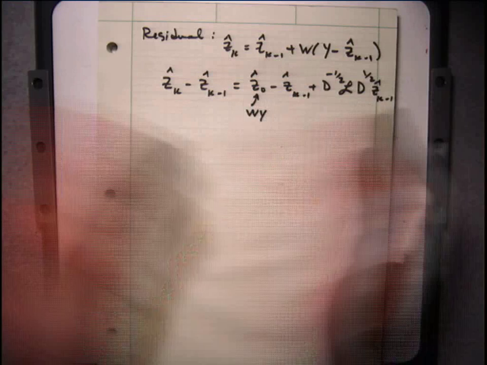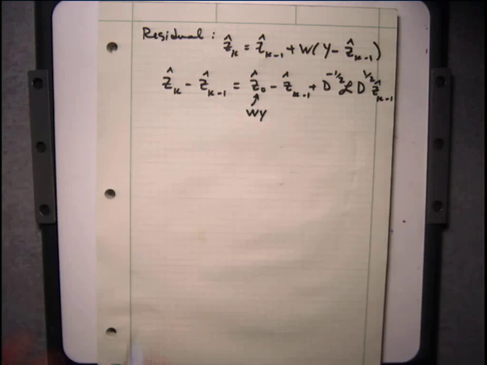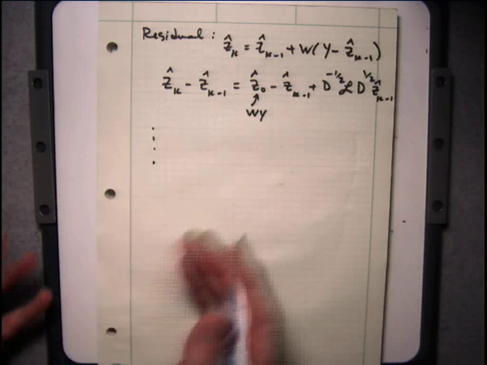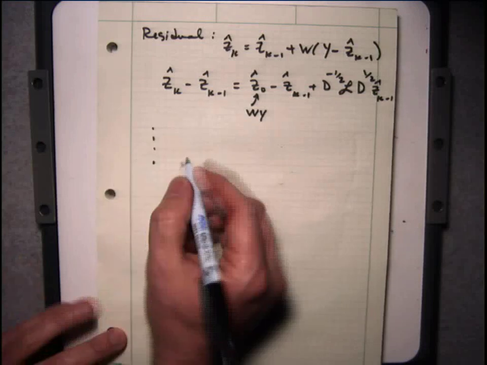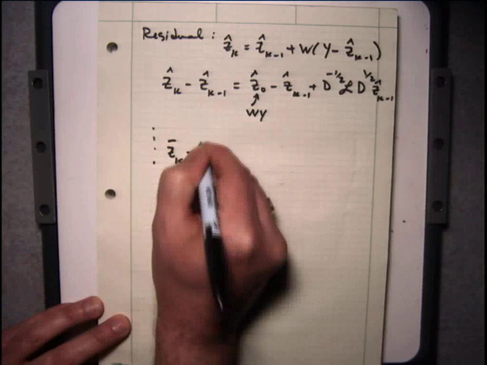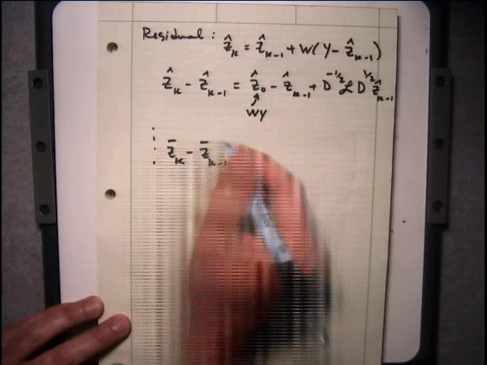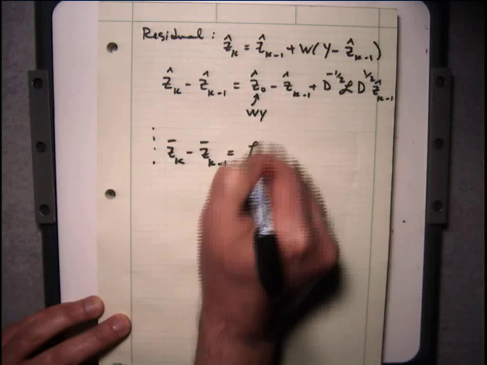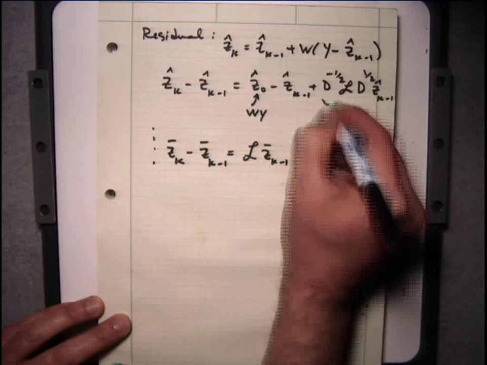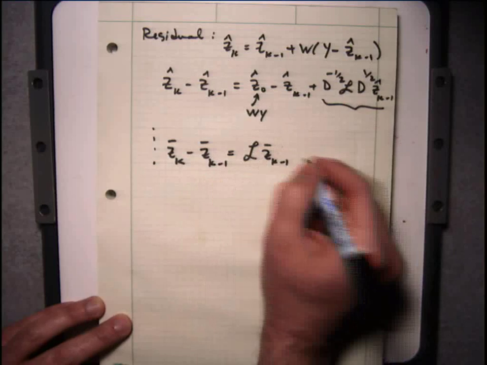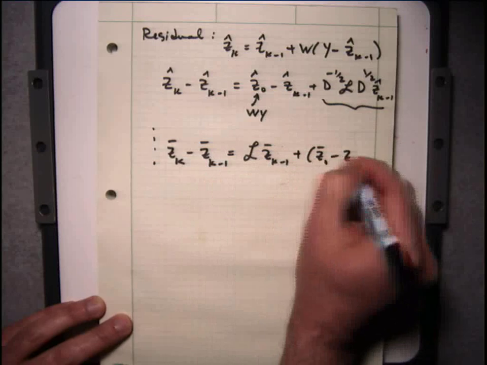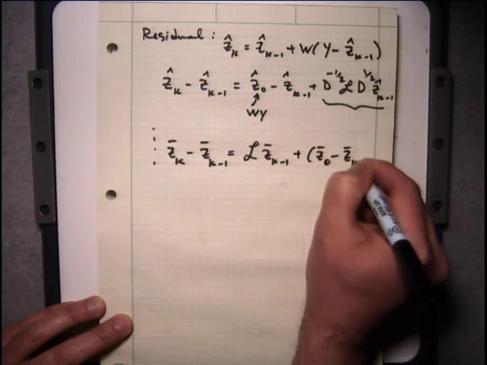So if you just rearrange everything, what you end up with is z bar k minus z bar k minus 1, same definition as before, is equal to the Laplacian operator applied to z bar k minus 1, that's this term here, plus z0 bar minus z bar k minus 1.